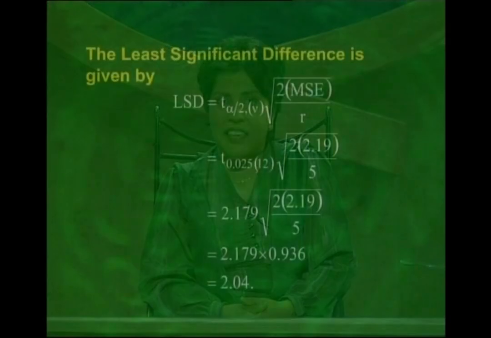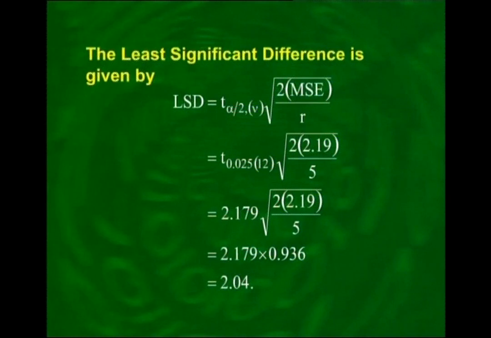So let us apply it to this example. As you now see on the screen, the least significant difference is equal to t_(alpha/2, nu) times the square root of twice the MSE over r, and in this problem MSE is equal to 2.19, r is equal to 5, and nu, the error degrees of freedom, equals 12.